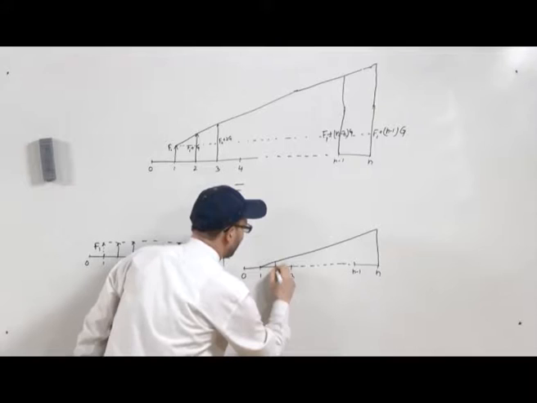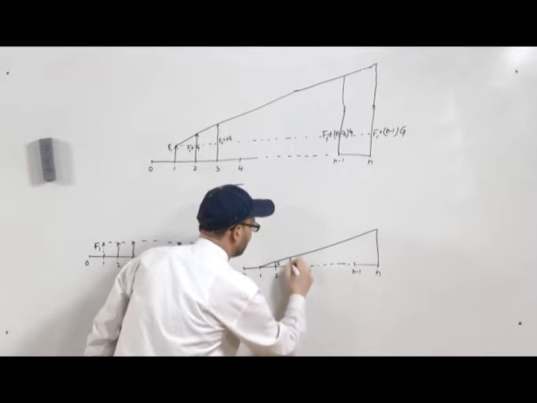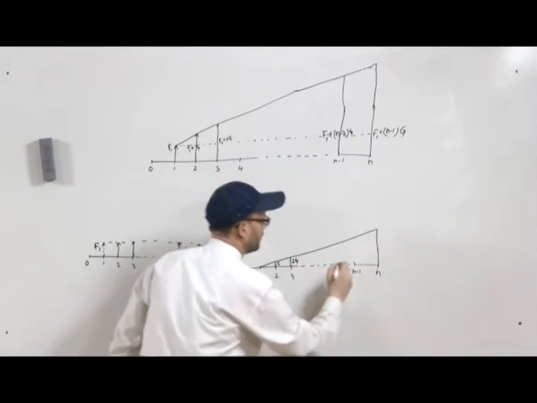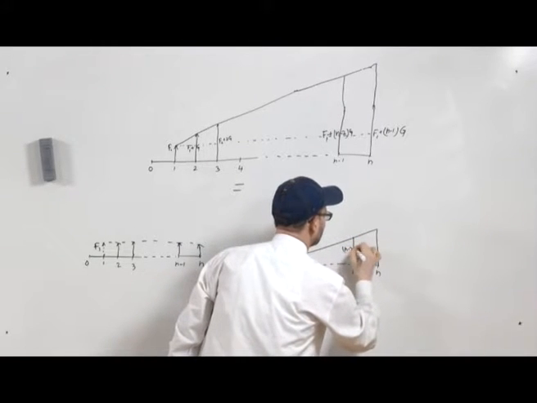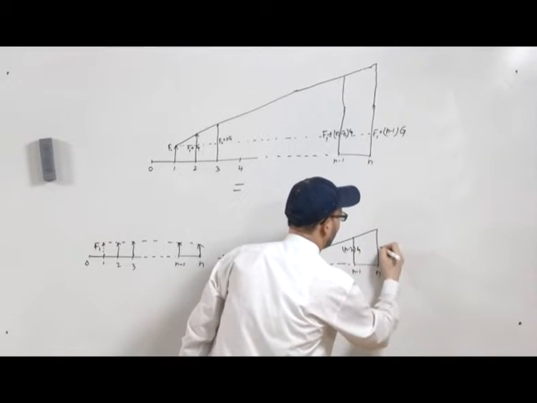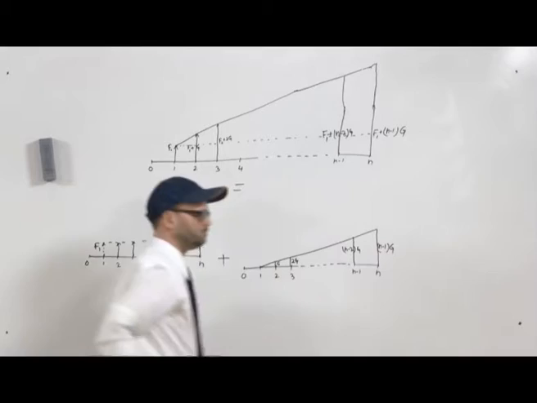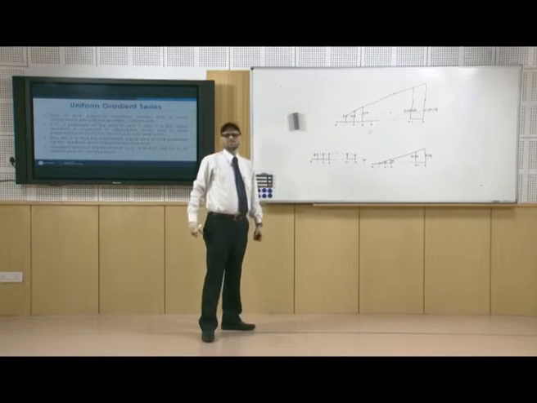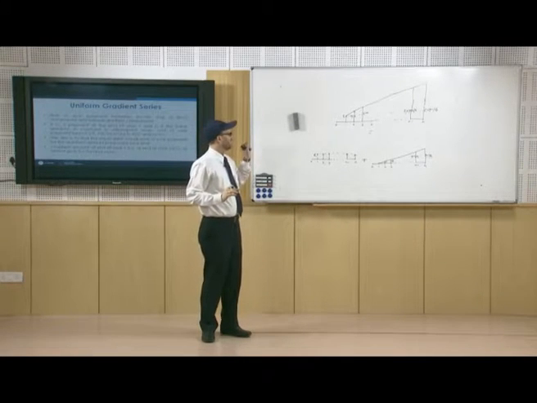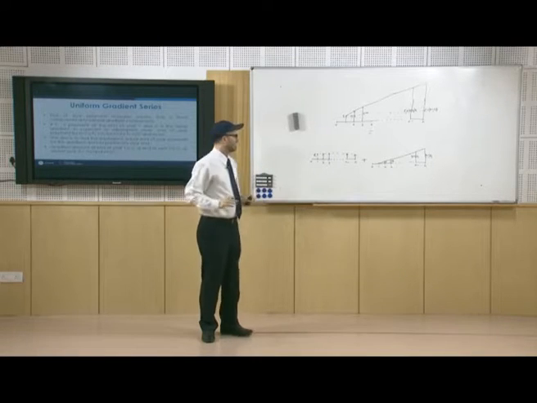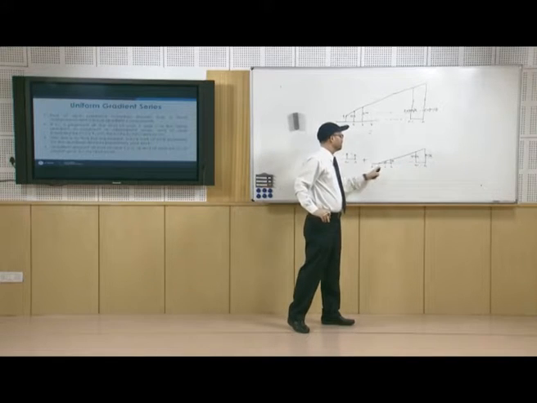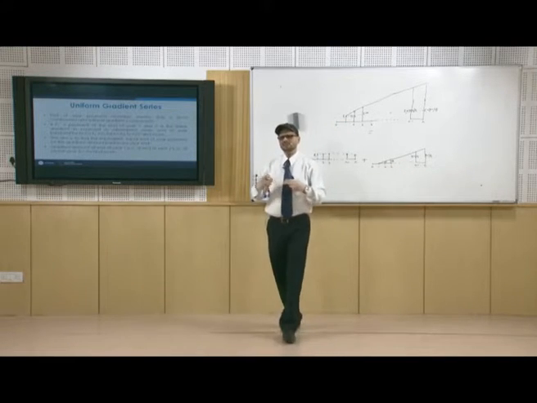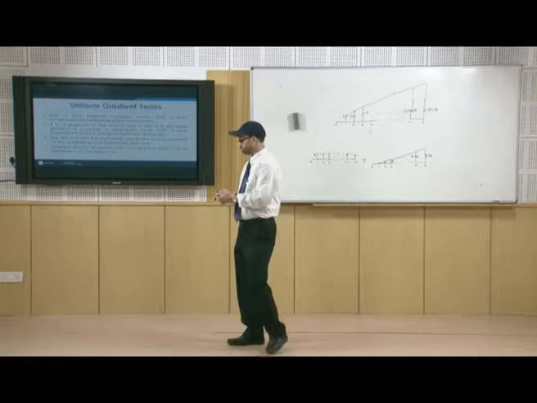In the second year it is g, in the third year it is 2g, in the n minus 1th year it is n minus 2 into g, and in the nth year it is n minus 1 into g. We have to find an equivalent cash flow diagram which should tell us the annual equivalent value for this gradient series. That is our aim.